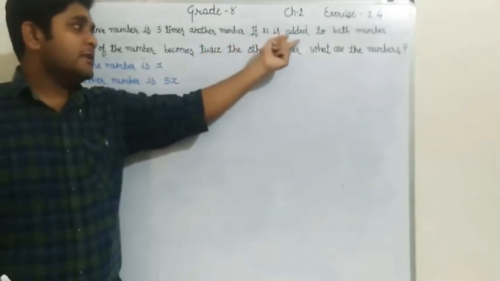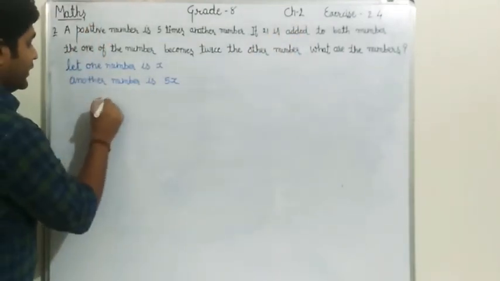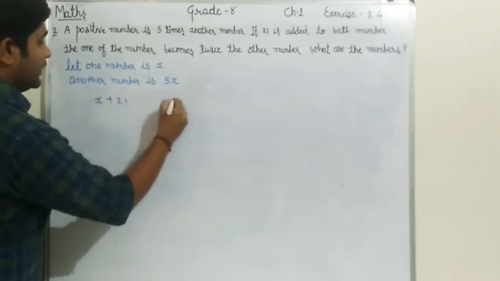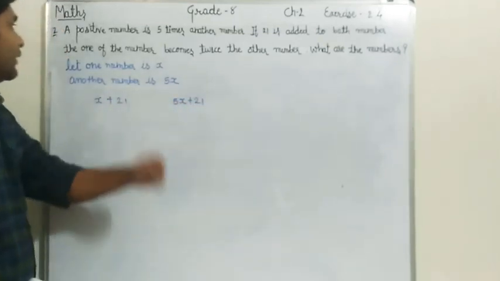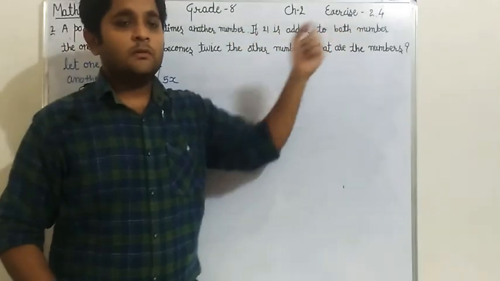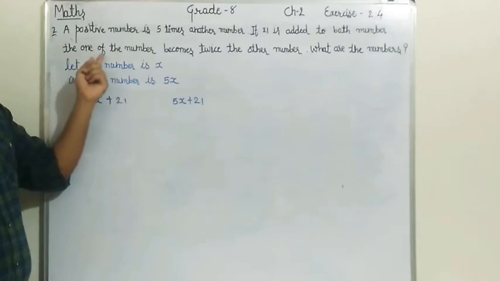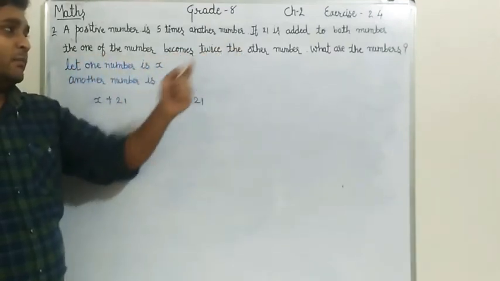If 21 is added to both numbers, it becomes x plus 21 and 5x plus 21. If 21 is added to both numbers, one of the numbers becomes twice the other number.